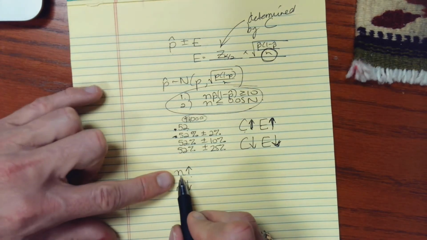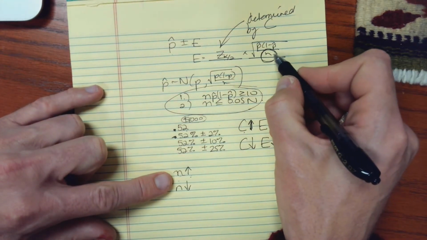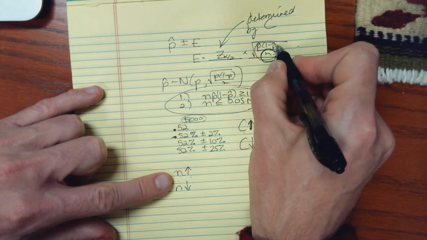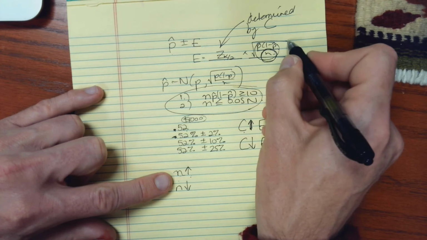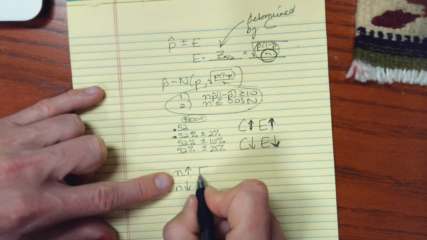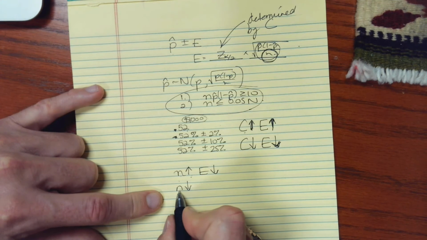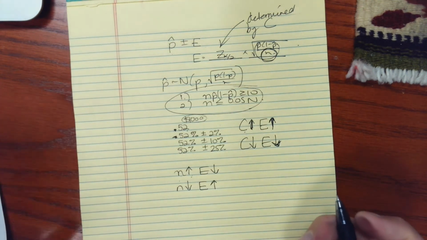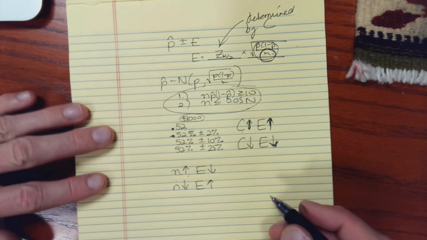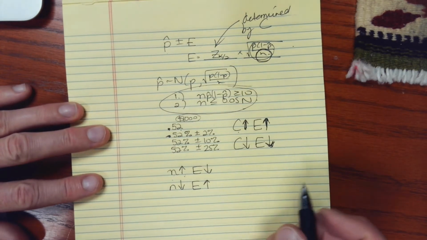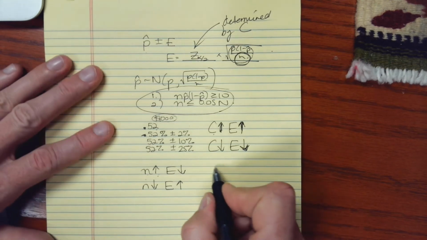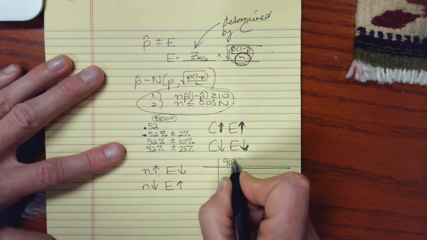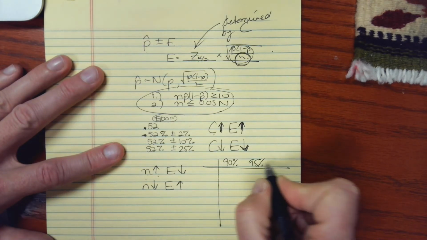Notice, if your sample size goes up, this denominator gets bigger, which means this whole quotient gets smaller, so the square root is smaller, and your whole margin of error gets smaller. When your sample size goes down, you're going to end up with a bigger margin of error. I would encourage you to play around with some different values. Maybe make a table where you have different confidence levels, like 90%, 95%, and 99%.